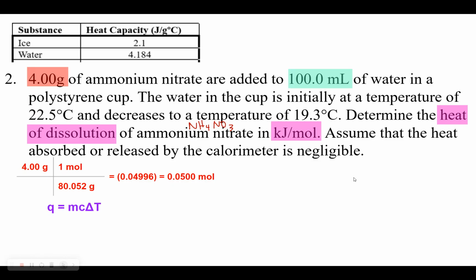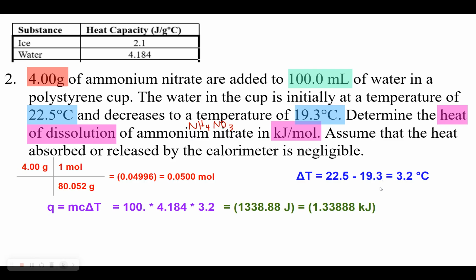So Q equals MC delta T. Here it mentions that we have 100 milliliters of water, but once again, water is 1 gram per milliliter, which means that that is 100 grams of water. And then our temperature change here from 22.5 to 19.3 means that we change temperature by 3.2 degrees. And if we plug all of that in together, then we get 1.3388 kilojoules.